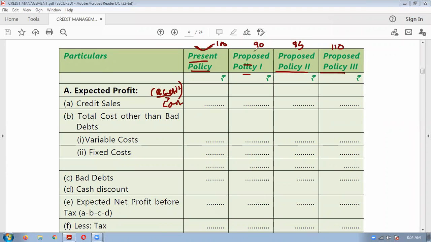Just for example. We compare which is the best, so we'll say the company may adopt policy 3. We just have to see the benefits, take the cost, then calculate the net benefit or expected profit, and we will get the solution of which policy is the best.